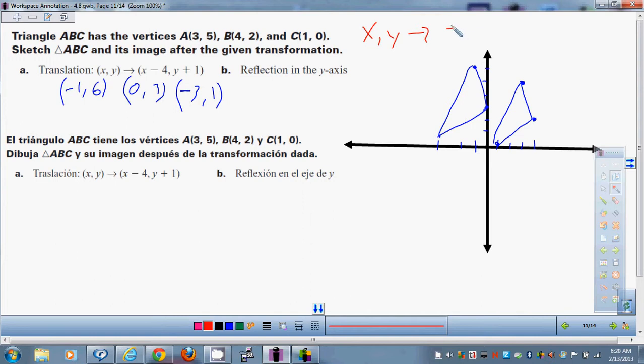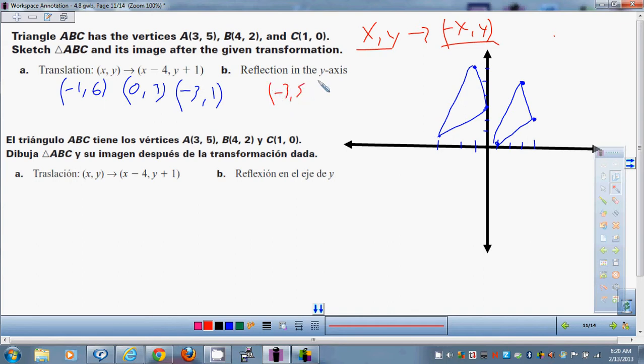Around the y-axis, what's the difference between this point and this point? The x is negative, that's it. So, our new coordinates. I'm just going to take these exact same ones, except make the x the opposite sign. So that'll be -3, 5, -4, 2, and -1, 0.